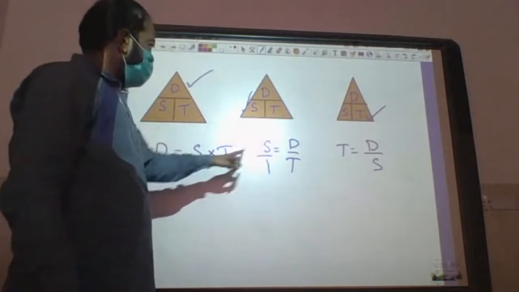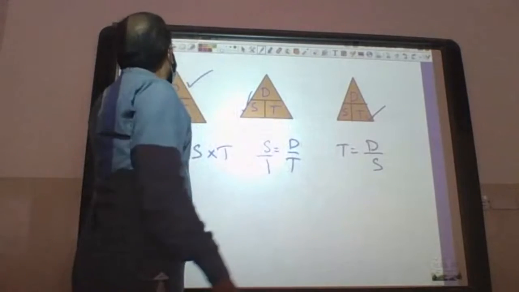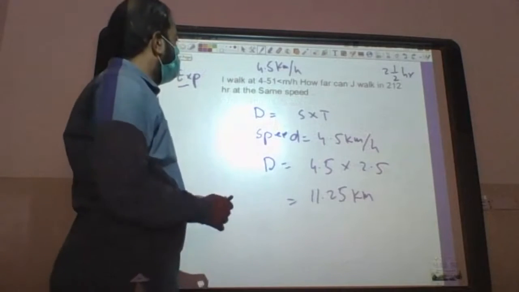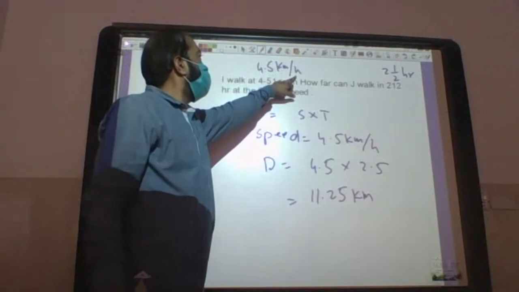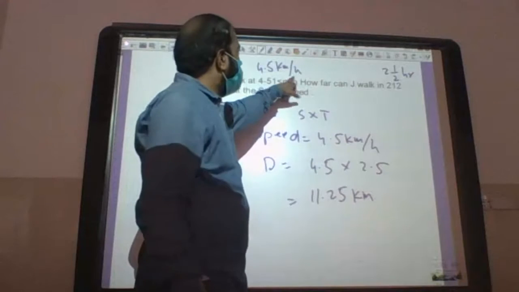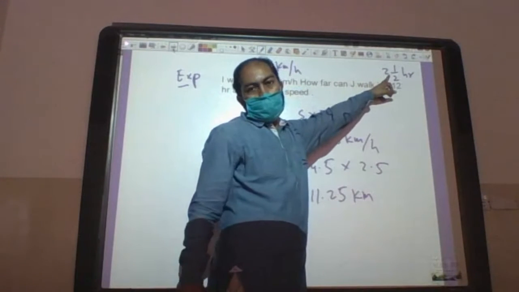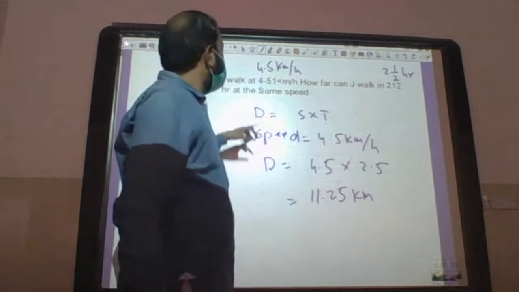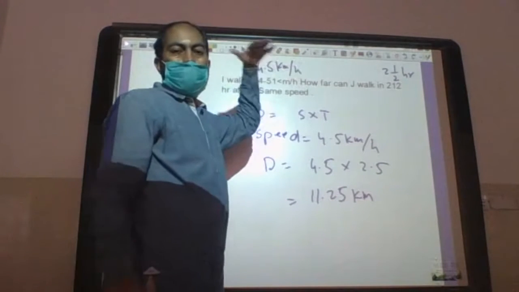Now I want to show the next application of this formula. I walk at 4.5 kilometers per hour. How far can I walk in 2.5 hours? This is the speed, kilometers per hour.